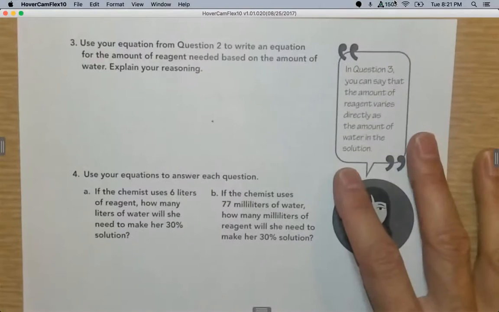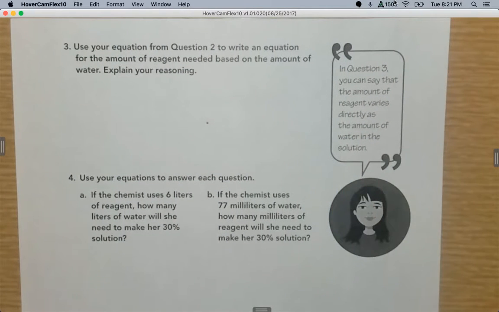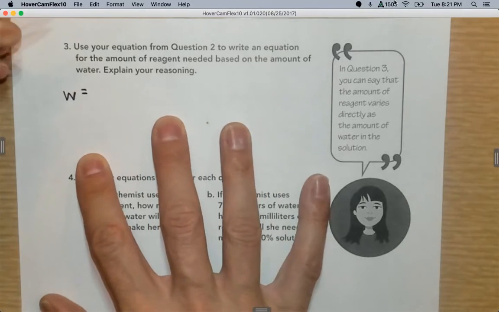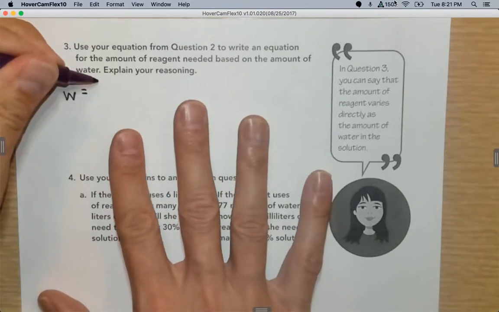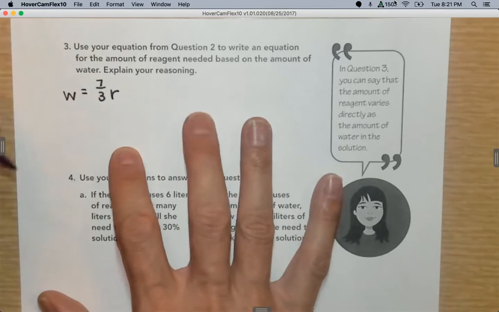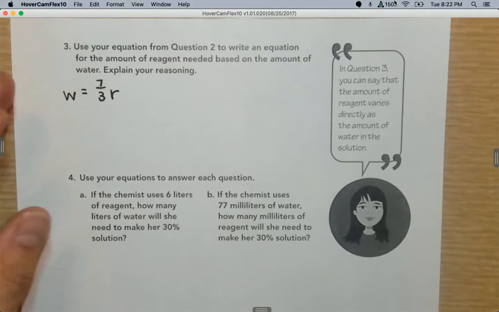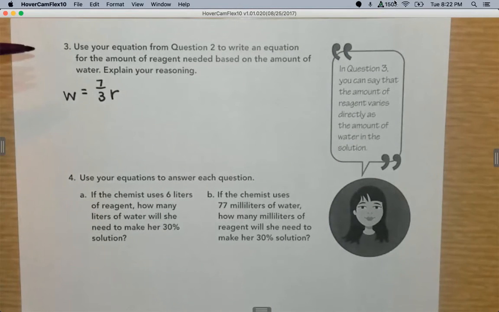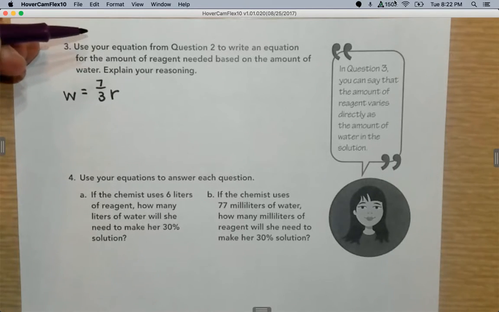Number 3, use your equation from question 2. So from question 2, my equation was water is going to be equal to 7/3 times the reagent. Okay. Use your equation from question 2 to write an equation for the amount of reagent needed based on the amount of water.